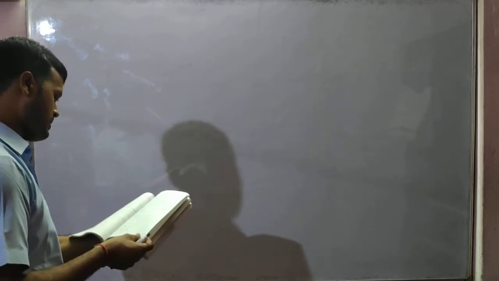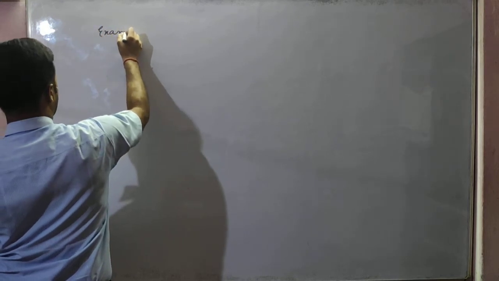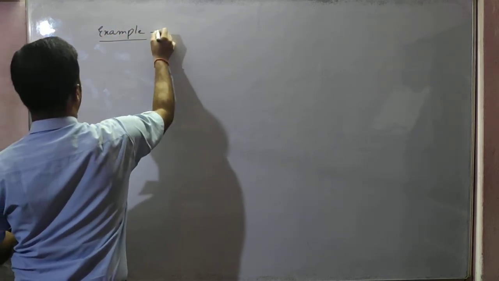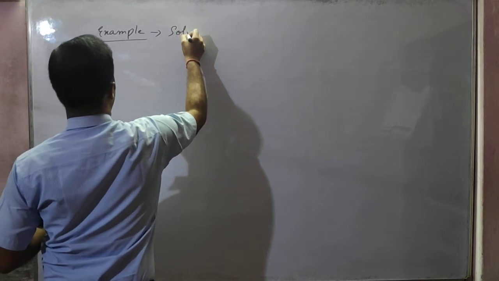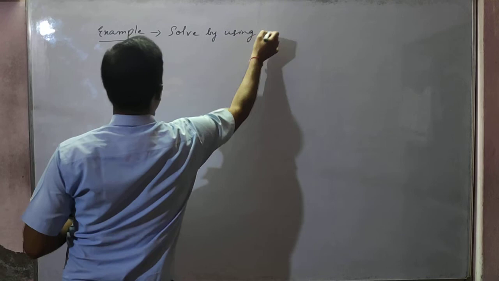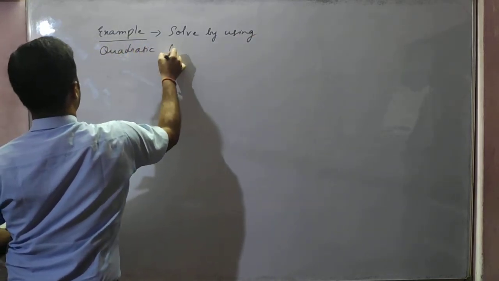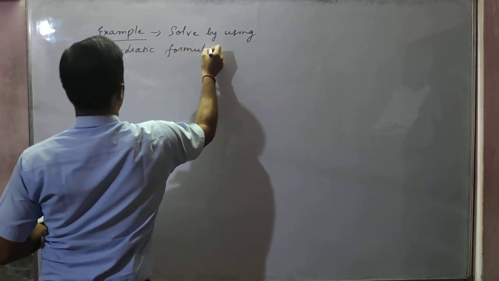So students, let us apply the quadratic formula once. Before, we solved an equation; that same kind of equation we will now solve with the help of the quadratic formula. Let us take this example. Solve by using the quadratic formula.